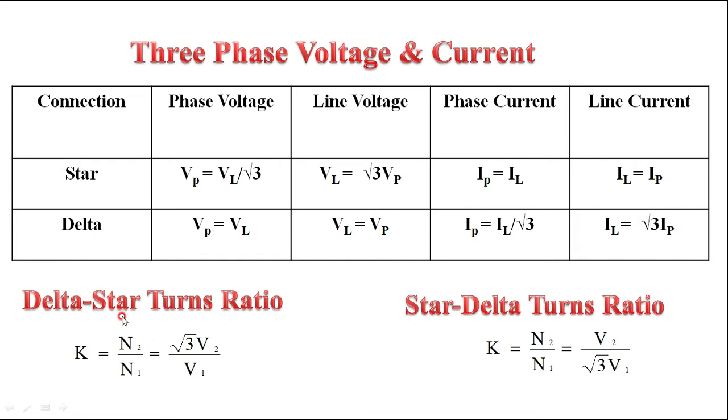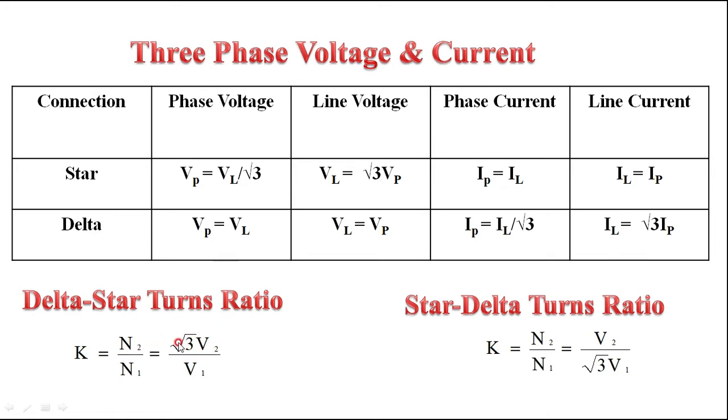That is, the secondary number of turns to the primary number of turns is defined as the transformer ratio.